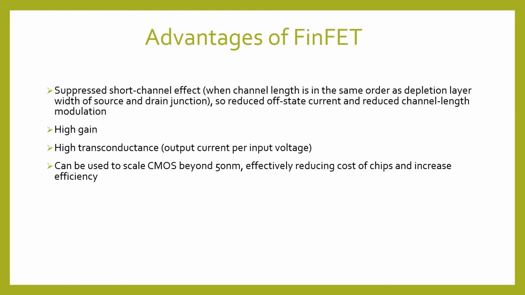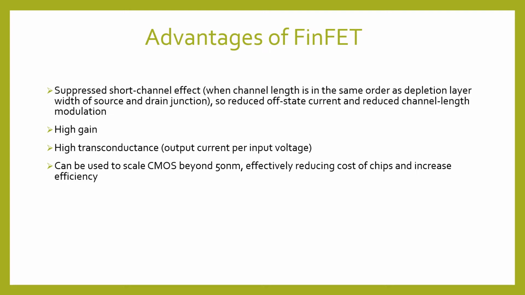channel effect. Short channel effect is when the channel length is in the same order as the depletion layer width of source and drain junctions. In general, channel length should be greater than the sum of those widths of source and drain.